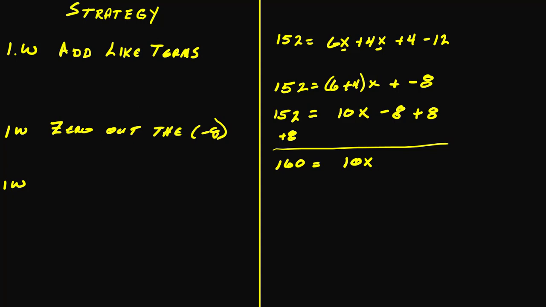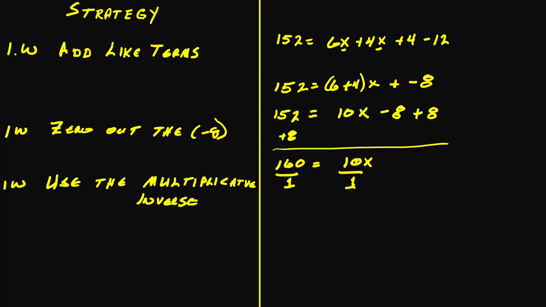I will use multiplicative inverse. When I get to this point, what I like to do is put everything over 1 because I know I'm going to multiply by a fraction.